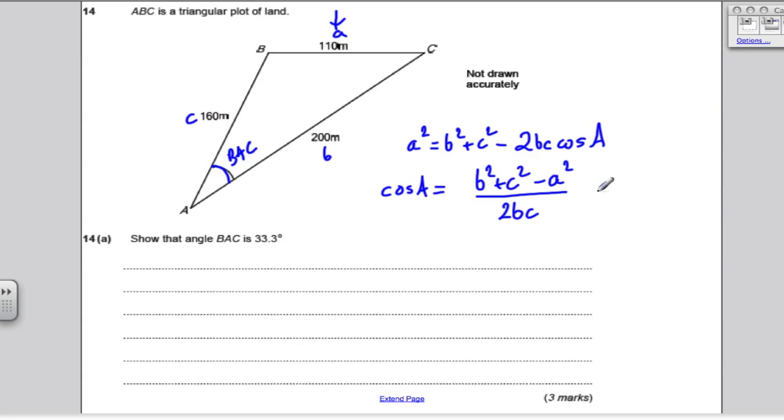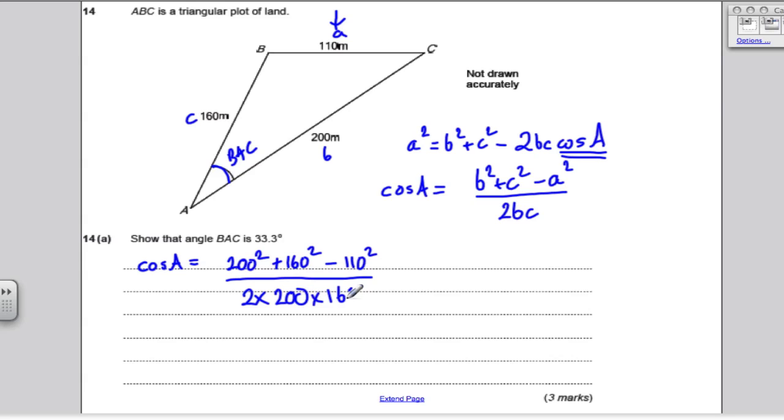That is that equation just rearranged, making cos A the subject of the formula. Okay, well, let's use that to work out what cos A is. Cos A must therefore be b squared is 200 squared plus 160 squared minus 110 squared, all divided by 2 times b is 200 times c is 160.